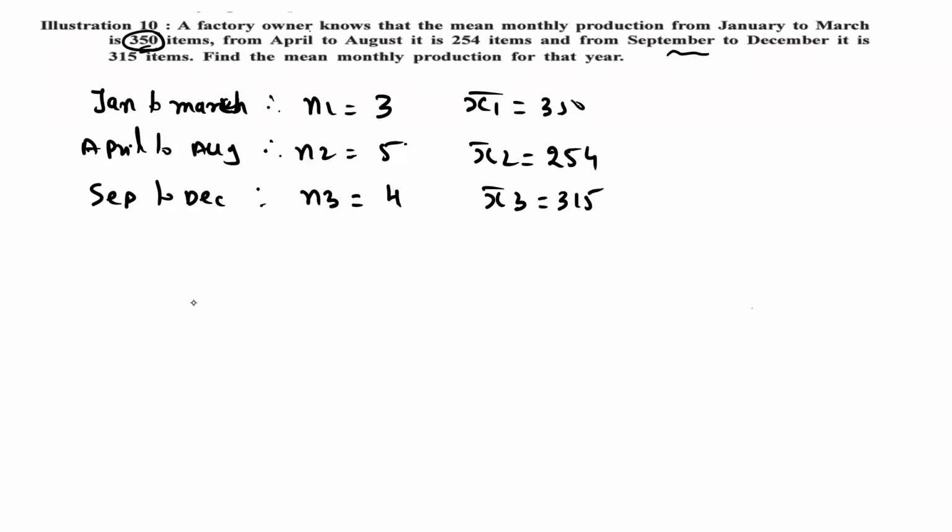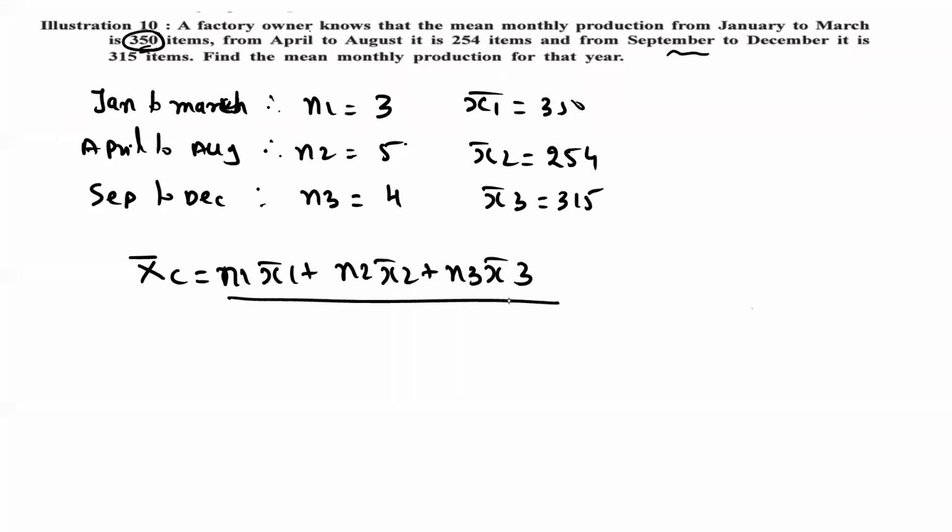All of you can start your work on your paper. The combined mean method. Give me the formula, roll number 6. N1 X bar 1 plus N2 X bar 2 plus N3 X bar 3, divided by N1 plus N2 plus N3.